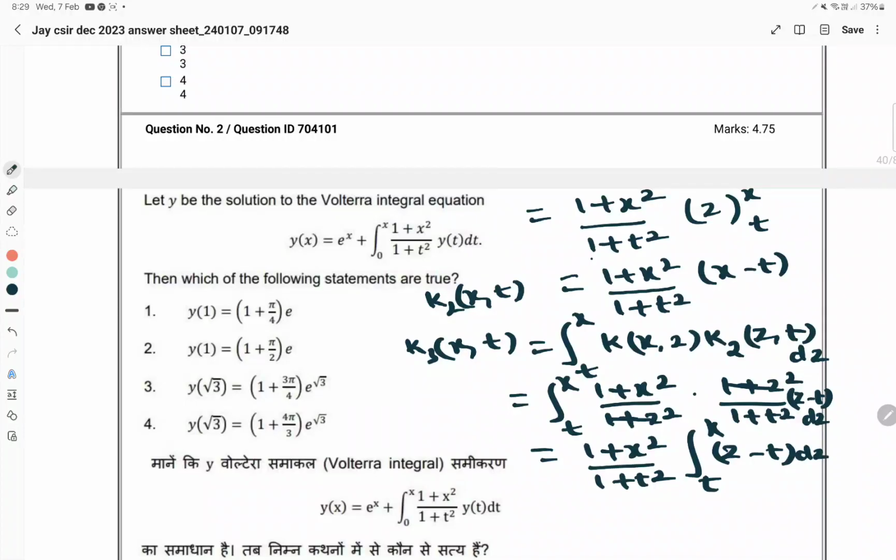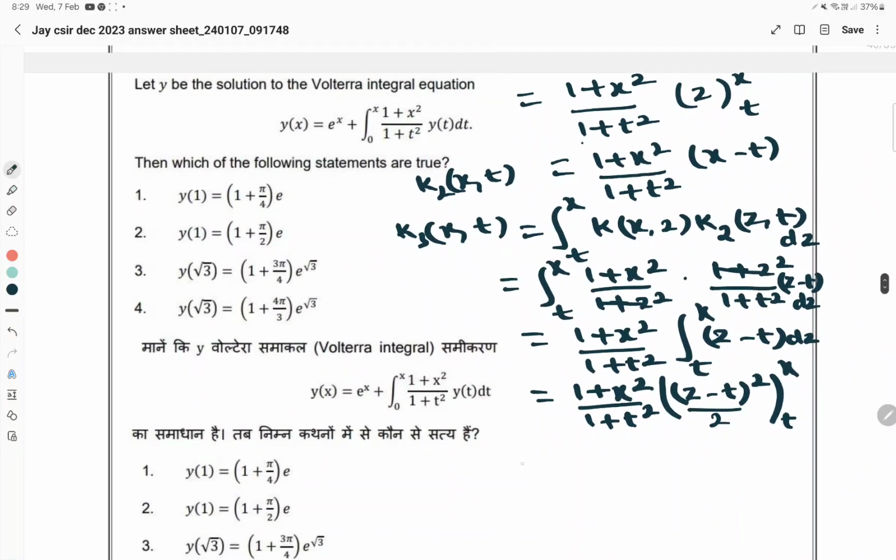Integration of z minus t dz is z minus t whole square by 2 with limit t to x, which is equivalent to 1 plus x square by 1 plus t square into 1 by 2 times x minus t the whole square.